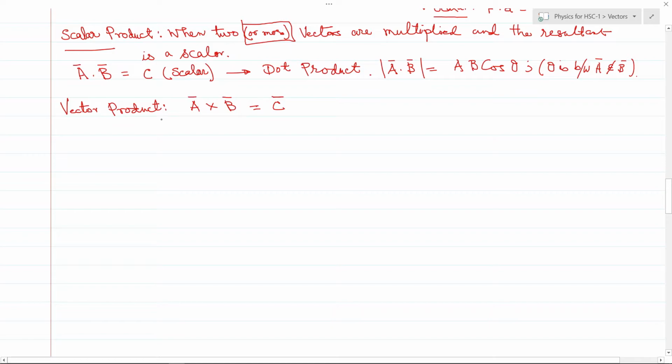Now vector product, when two vectors are multiplied and the resultant is a vector quantity, the C is a vector quantity, that's why I put a bar on it. So this product is called a vector product, and this is represented by a cross, that's why this is also called a cross product.